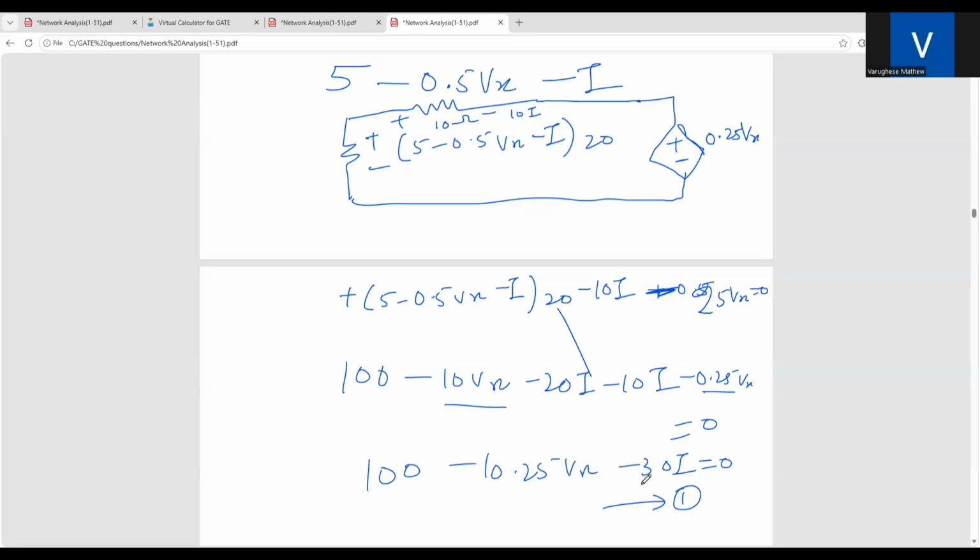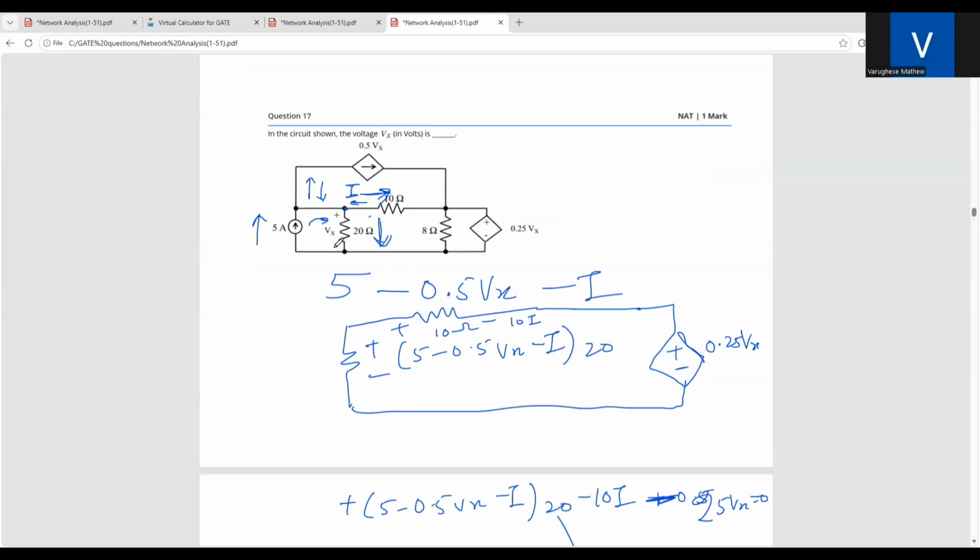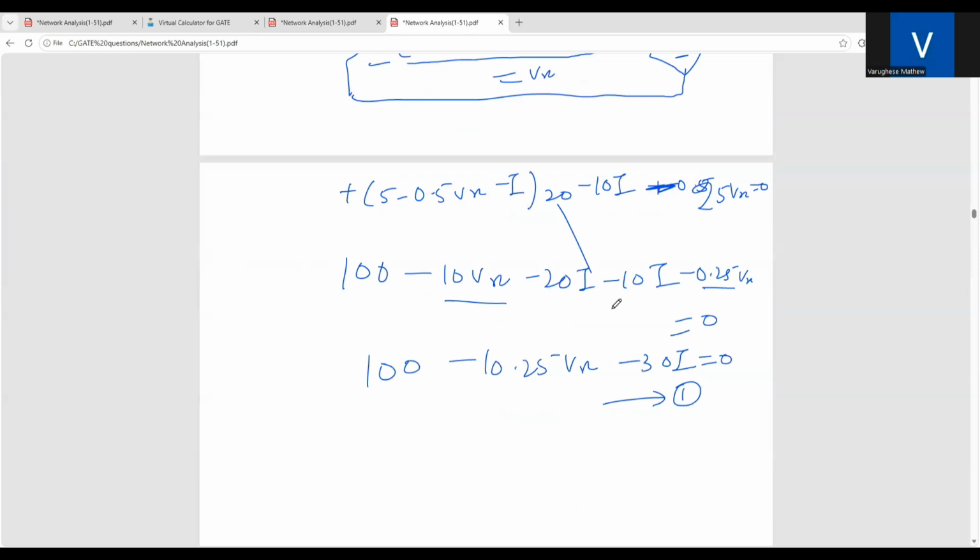Now I have what is V. This is also Vx. The voltage drop across 20 is also Vx. So whatever I found out, this is equal to Vx. That is 5 minus 0.5 Vx minus I into 20 is also Vx.